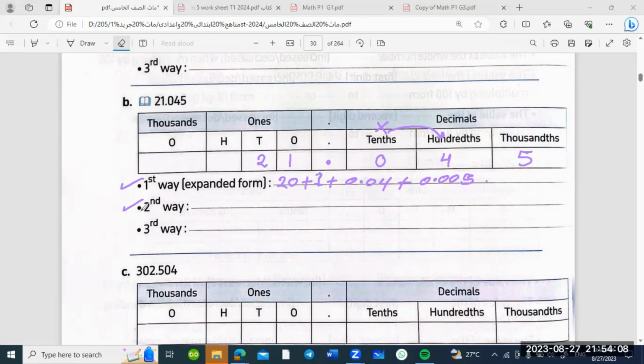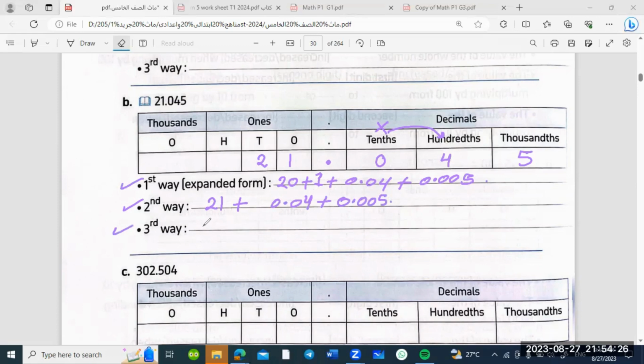What about the second way? The second way is 21 plus 0.04 plus 0.005. Okay. And what about the third way?